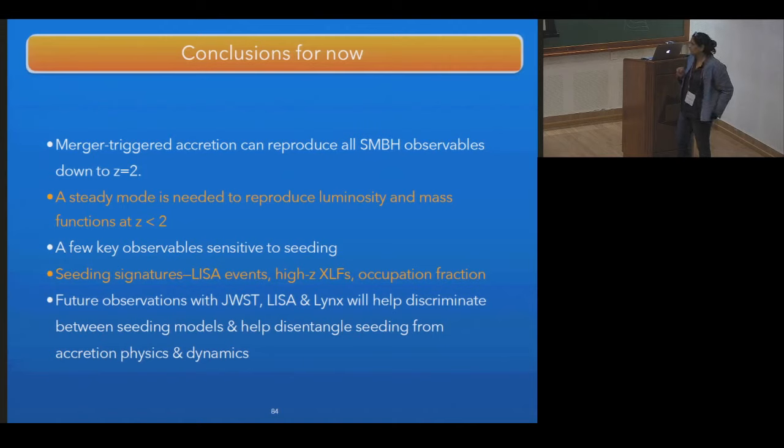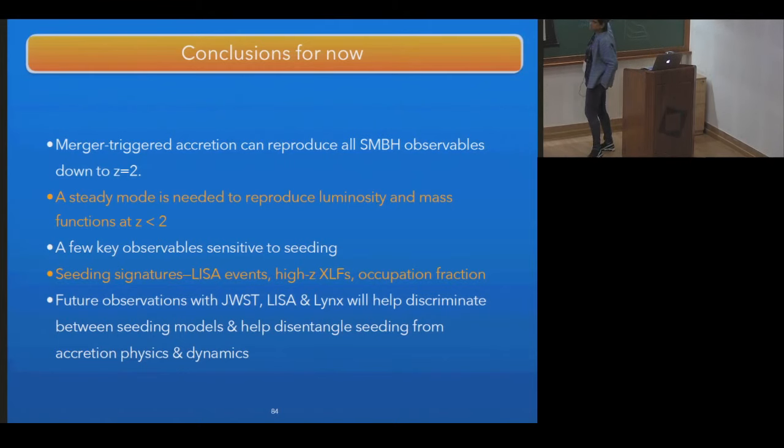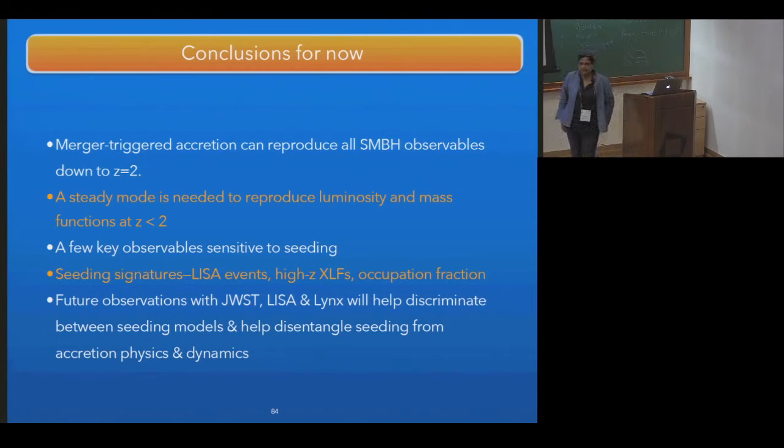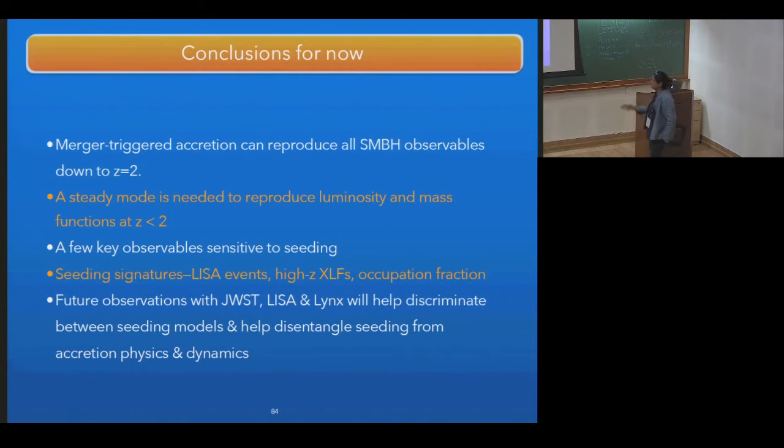Below that, you actually need a steady mode, long-lived accretion. Not a bursty mode, but a steady mode that is very long-lived over cosmic time to actually match everything down to redshift 0.